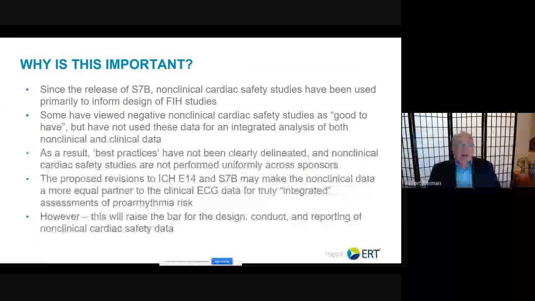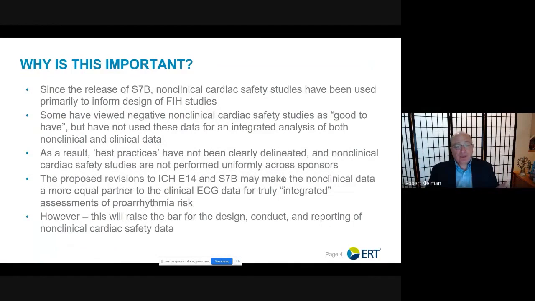But first, I want to say the reason this is important is it's going to change the balance between non-clinical and clinical cardiac safety data for use in regulatory decision-making. Since the release of S7B, non-clinical cardiac safety studies have usually been used primarily for go-no-go decisions or to inform the design of first-in-human studies.